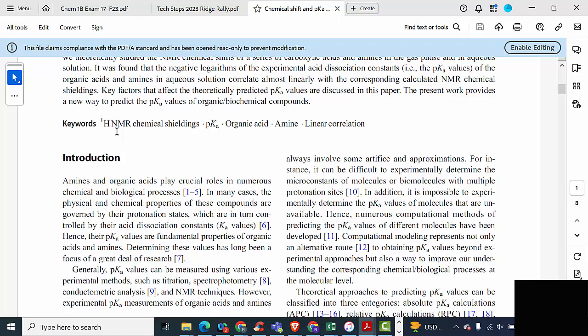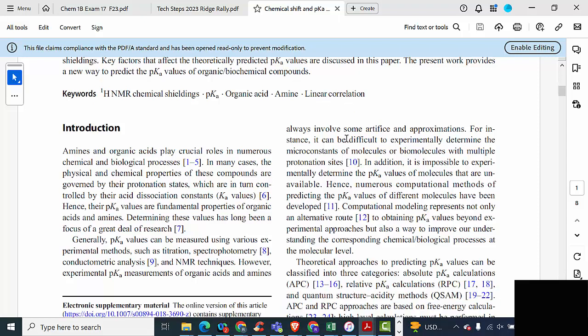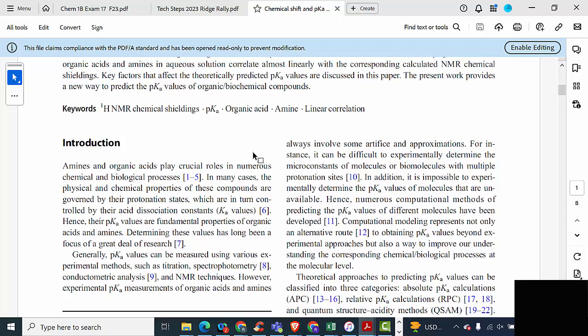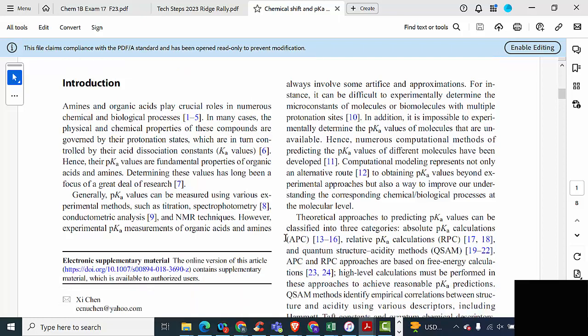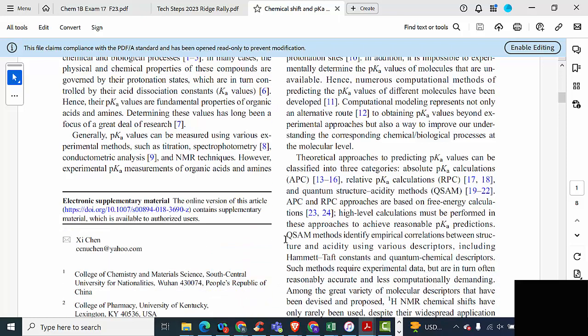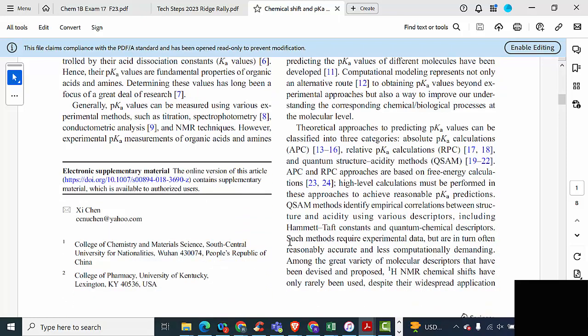Some key words here: proton NMR chemical shieldings or chemical shifts, pKa, organic acid, amines, and linear correlation. The introduction gives us some background. Amines and organic acids play crucial roles in numerous chemical and biological processes, etc. So it gives us a little general interest stuff and why somebody might be interested in this.